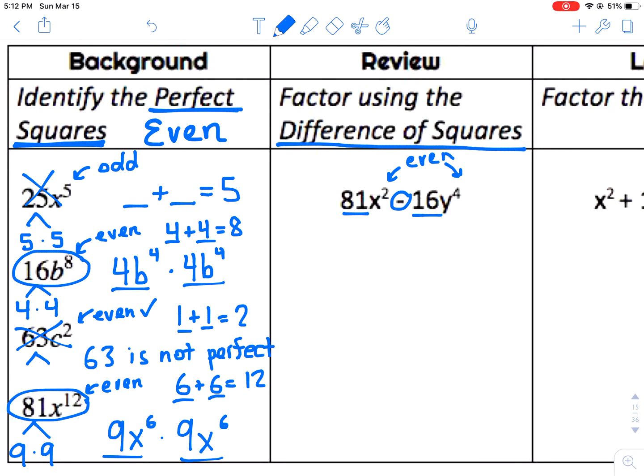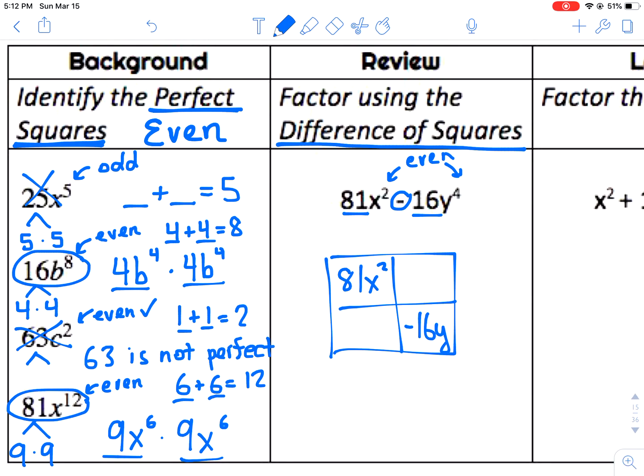And we have subtraction, so we know that our two middle terms would cancel each other. So these are all good. So I'm going to start by drawing our box here. I'm going to put 81x^2 in the first box, negative 16y^4 in the last box.